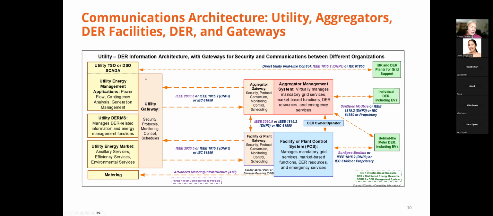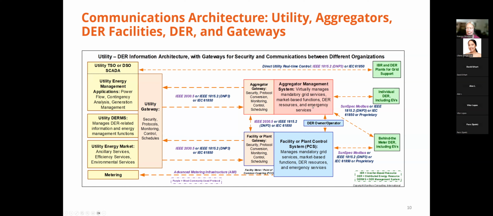However, there are other parts of the communication architecture. If the utility is just interacting with an aggregator or interacting with a facility, but not directly monitoring and controlling it, maybe indirectly or just occasionally, then there can be other protocols used that are perhaps more applicable to that situation, where there are gateways in between for security reasons, for privacy reasons, etc. And in that case, the IEEE 2030.5 can be used, as well as DNP3 and 61850.